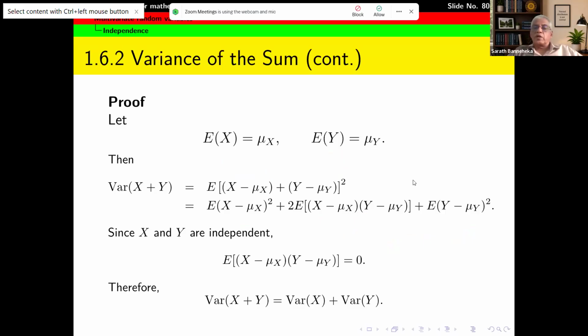So that is the end of this session. In the whole lecture, I started with the definition of joint cumulative distribution functions, and then we discussed marginal cumulative distribution functions, and then joint probability mass function and marginal mass functions, and then joint density, marginal density.